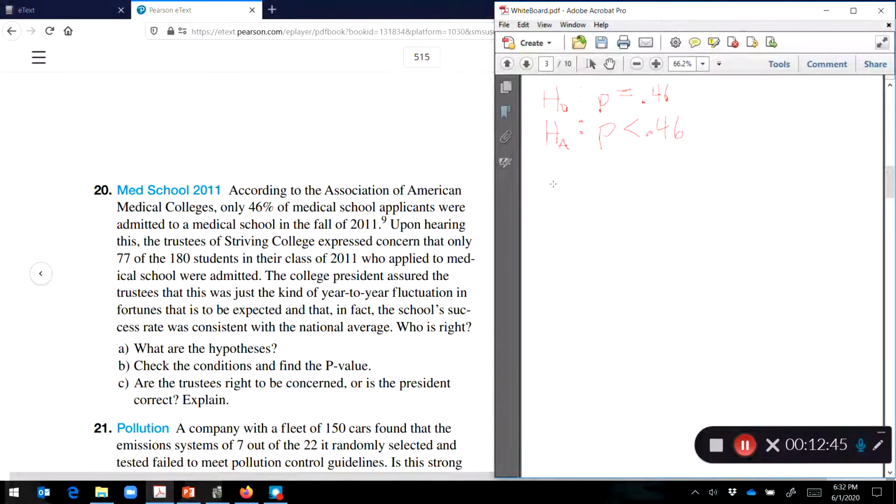So for my last part of checking the conditions, I would do 0.46 times 180, and I'm going to get a number bigger than 10, and then 1 minus 0.46, so that would be 0.54 times 180, and I'm also going to get a number bigger than 10. So all the conditions are met. We can go ahead and find the p-value.